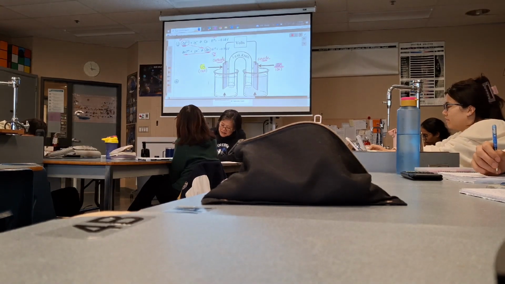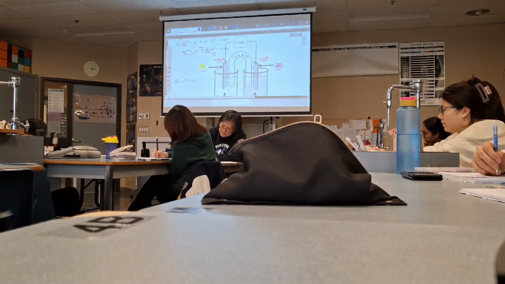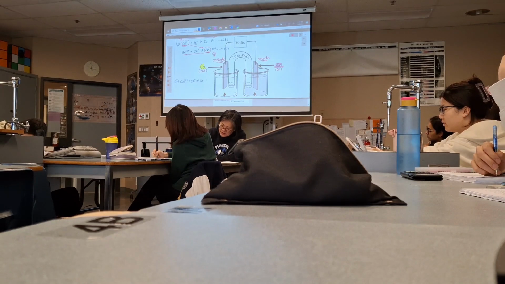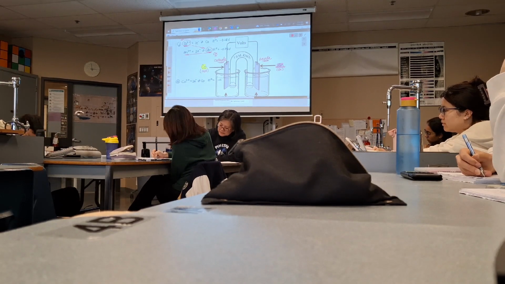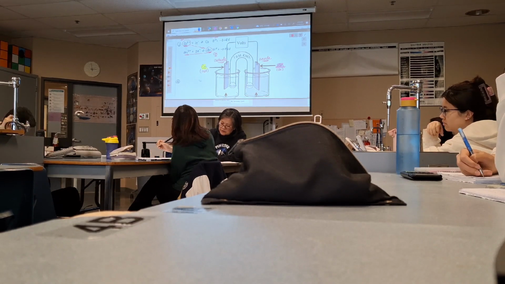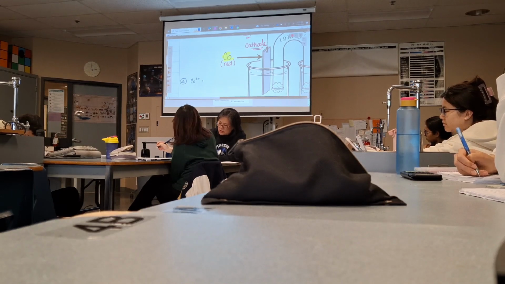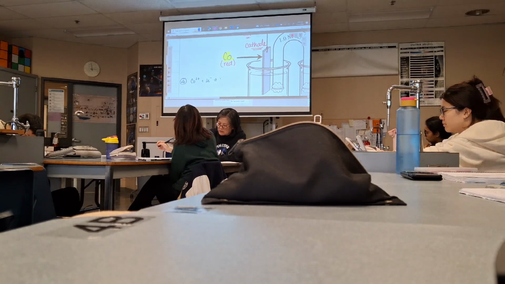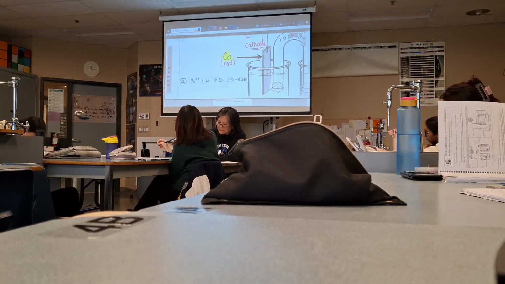So at this point in time, I write it as is. And my E naught over here is negative 0.28. So Co2+ plus 2 electrons in equilibrium with Co, E naught is equal to negative 0.28 volts.